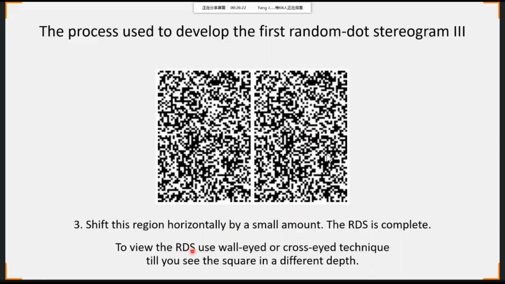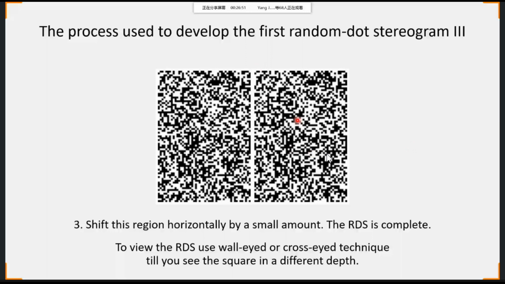And now to view this random dot stereogram, you can use these two techniques, wall-eyed or cross-eyed, till you see the square in a different depth. So you can try this technique now. You should try to get each of these two images separated, one for each eye.